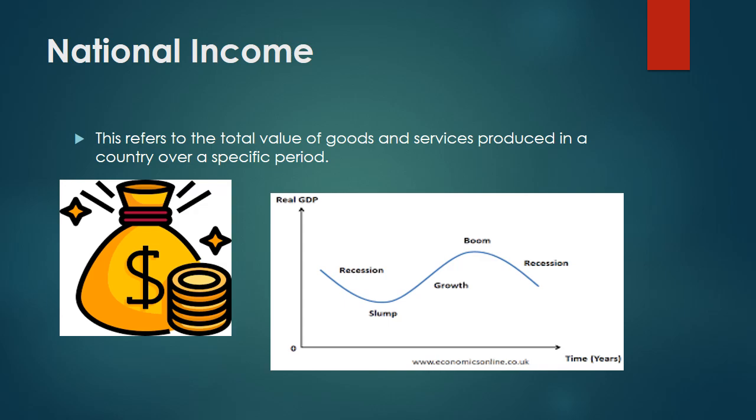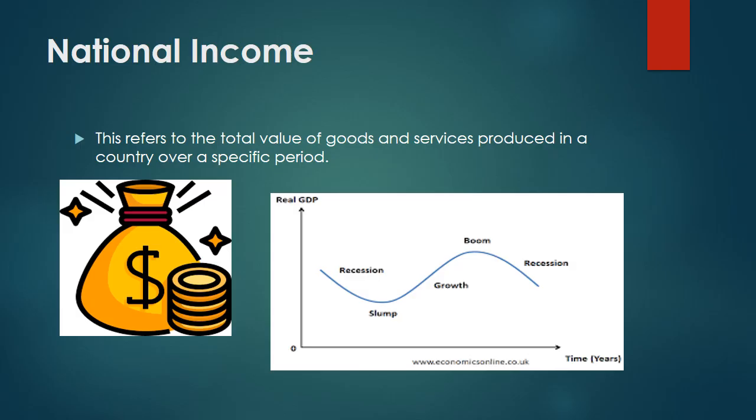In other terms, national income is known as GDP. So from the diagram, you can see real GDP versus time in years. In national income, we have a time in the economy where there is a recession, and when there is growth. We also have a time when there is a boom, and we also have a time when there is a recession.